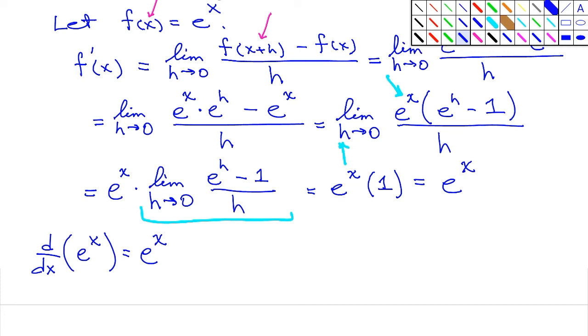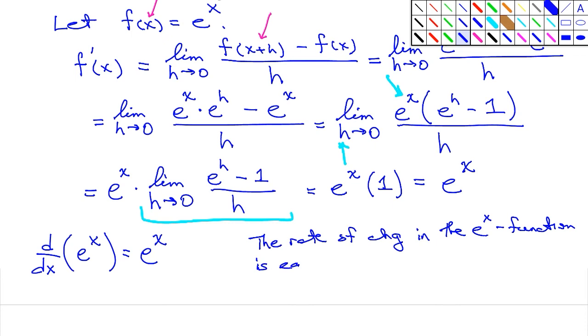And why is that? Well, remember that a derivative is a rate of change. So what this is saying is that the rate of change in the e to the x function is equal to the y value of the function at each point.